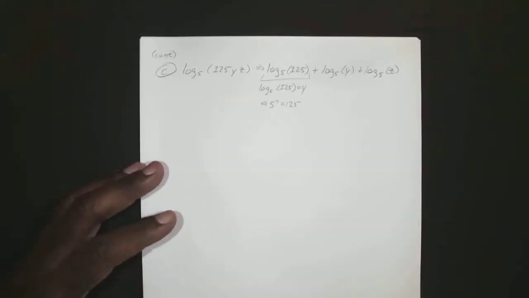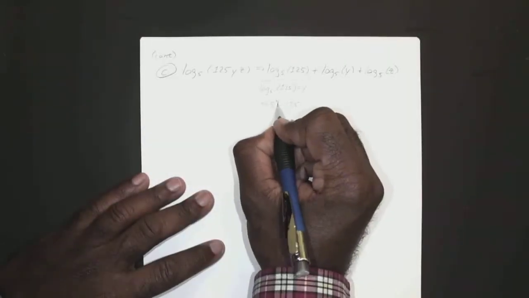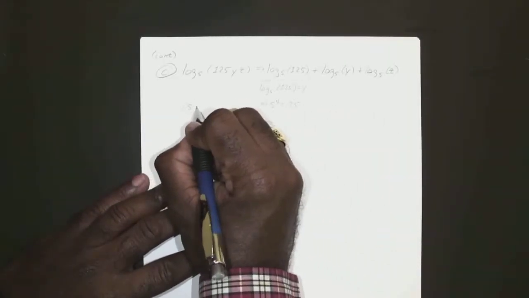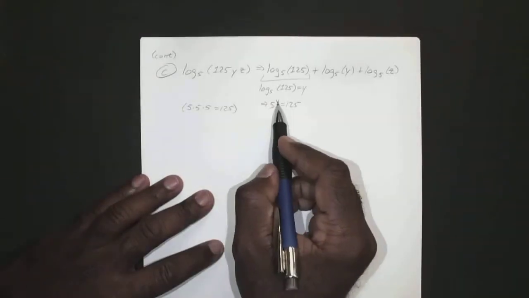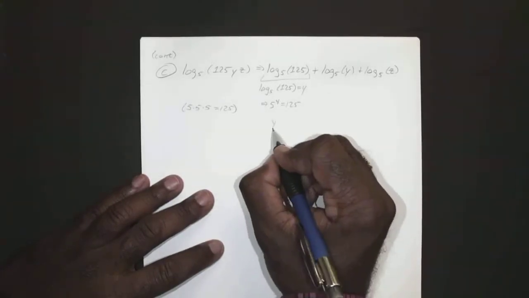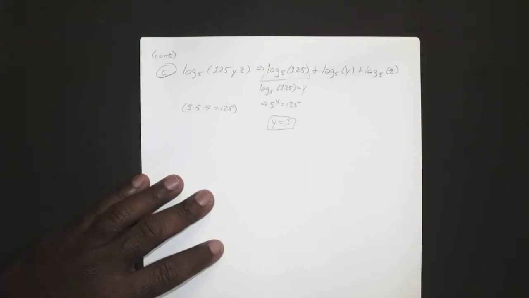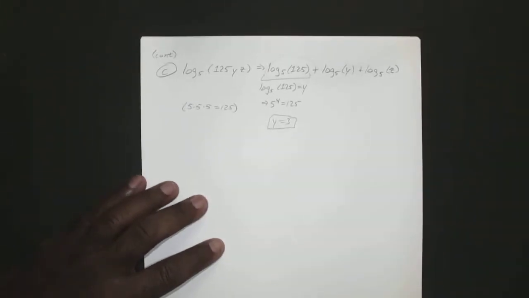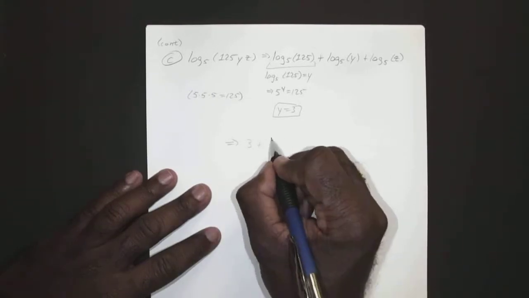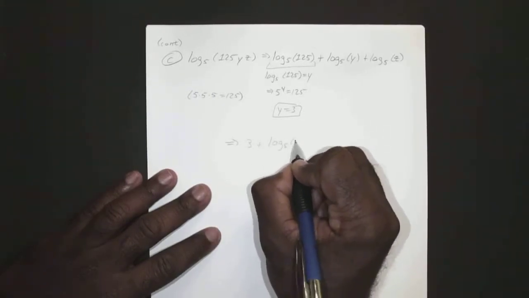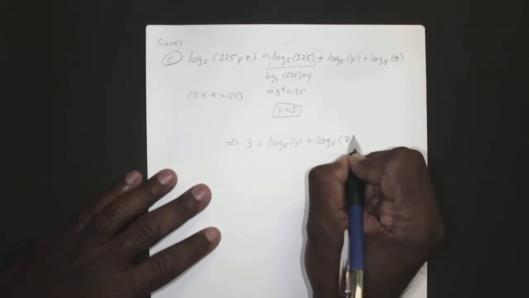Since we know 5 times 5 times 5 is 125, y would have to equal 3. So this term just simplifies to 3. That gives us 3 plus log base 5 of y plus log base 5 of z.